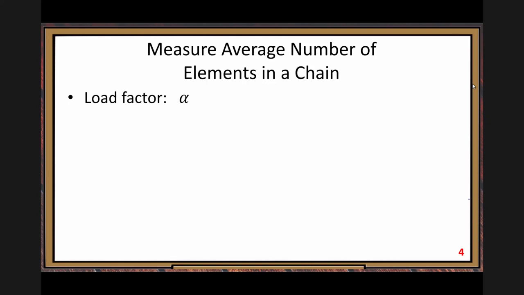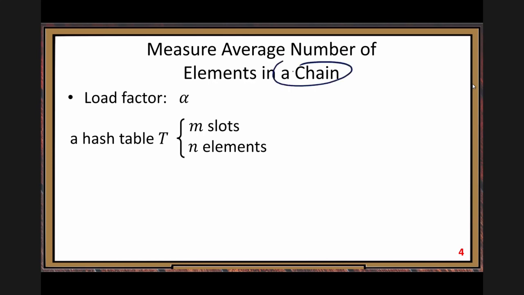All right. So here, the load factor: a hash table T has m slots. But how many keys do we want to map to this hash table? n elements. This n could be larger than m, right? So when you use the chaining method, other methods do not have the same property.